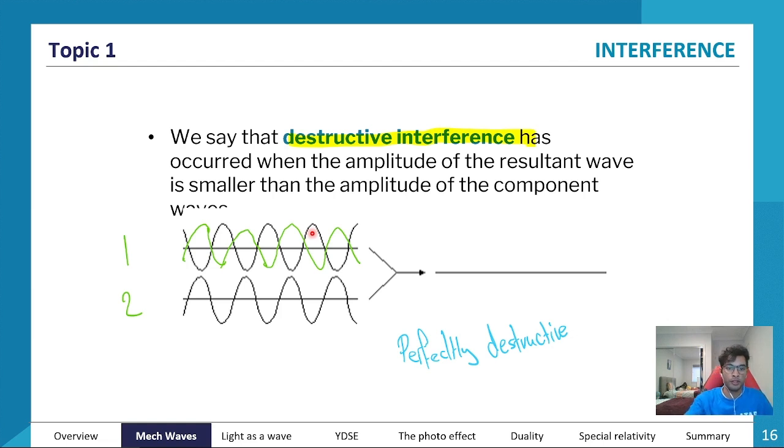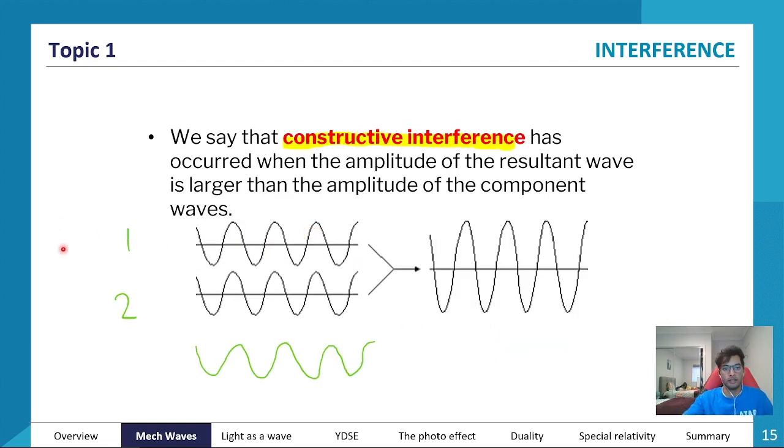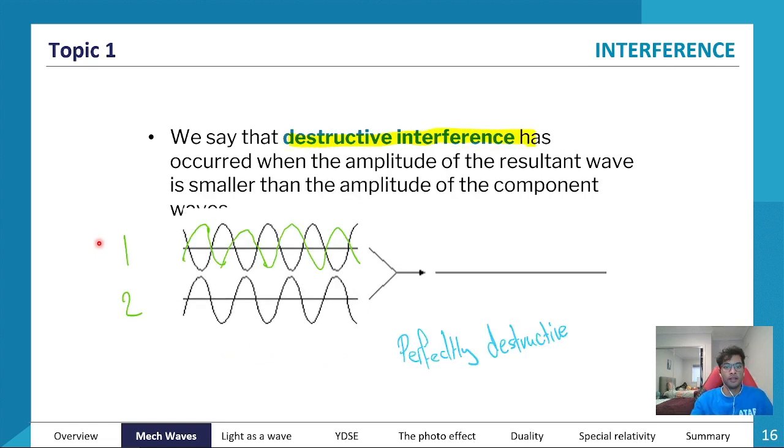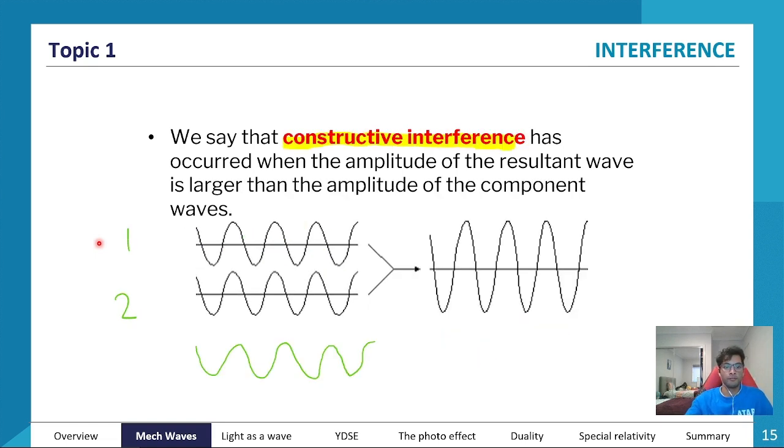So to make sure that you don't get confused between constructive interference and destructive interference, you can think of constructive. Constructive means you're building something, you're making something bigger. So constructive interference is when two waves combine to create a bigger wave.